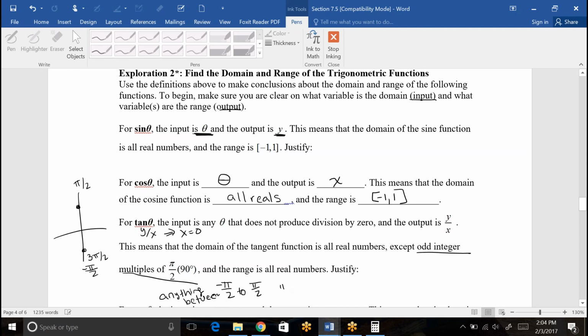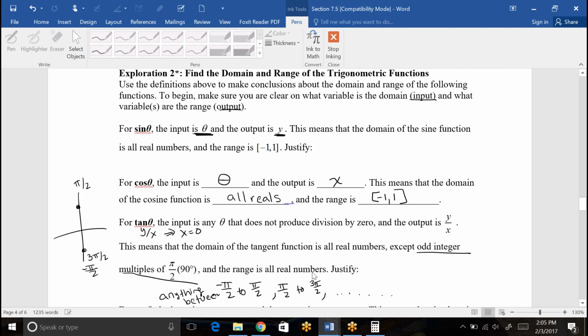And you could keep going from here. You could say even pi over 2 to 3 pi over 2 is good. So you could keep listing those things forever, but the best way to say it without having to write all those lists, because it would go on forever, is that you go between, here's the right side between two angles, here's the left side. As soon as you hit these, you get into trouble. So it's always just half of a semicircle all around. So that's what they're explaining there.